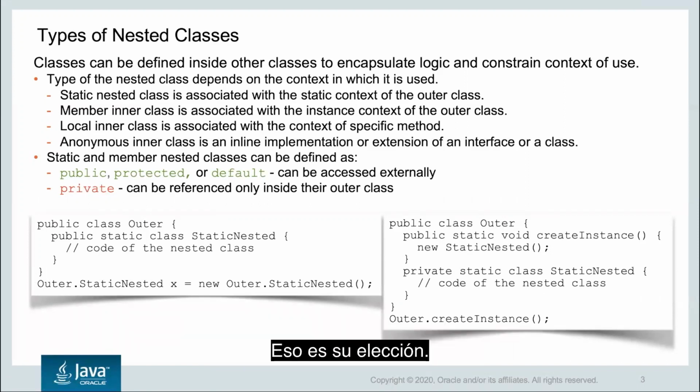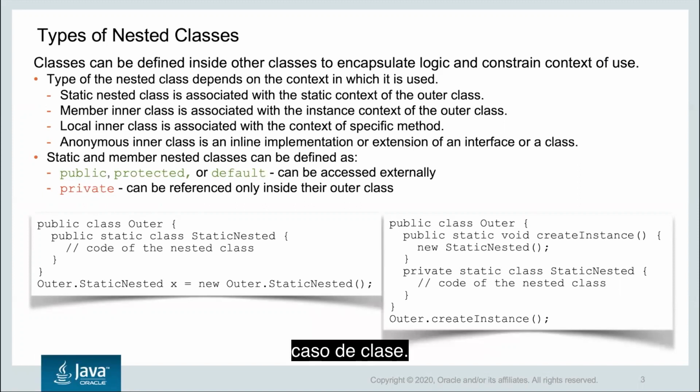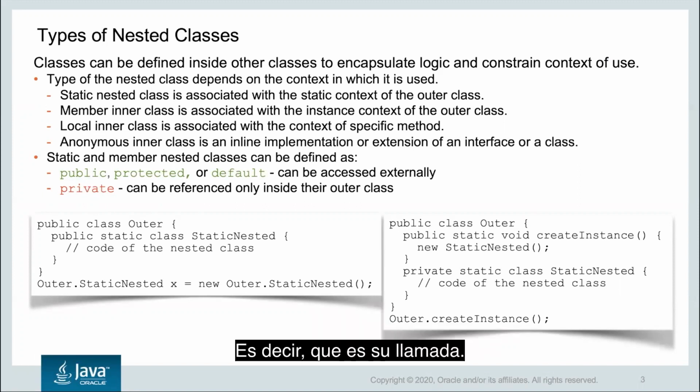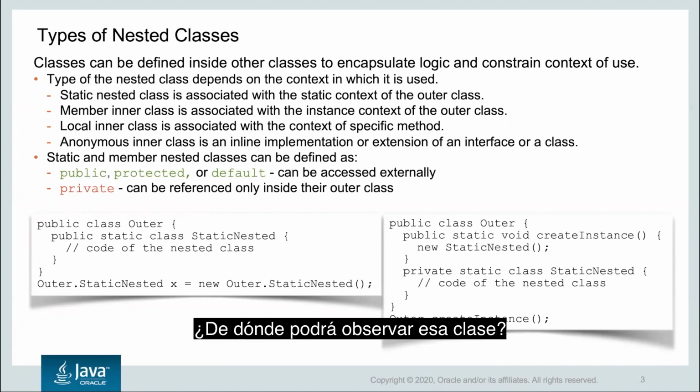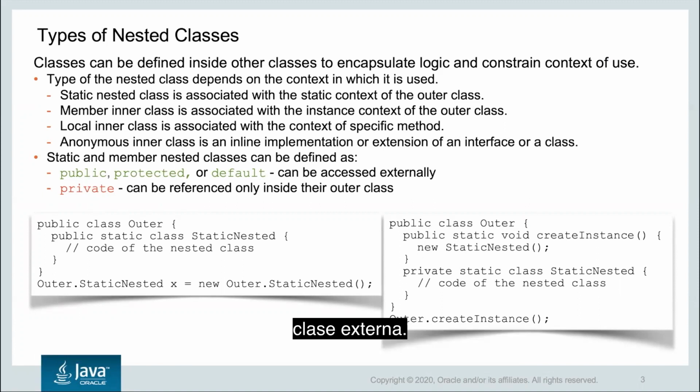That's your choice. You could decide which way you want to implement this class-inside-a-class scenario. You could make it private, you can make it public. That's your call, really. But this is the consequence: where would you be able to observe that class from? Just from the outer class or from the world around the outer class as well.